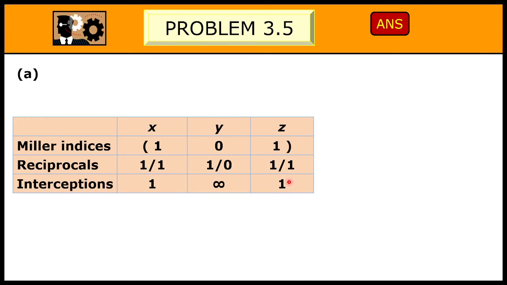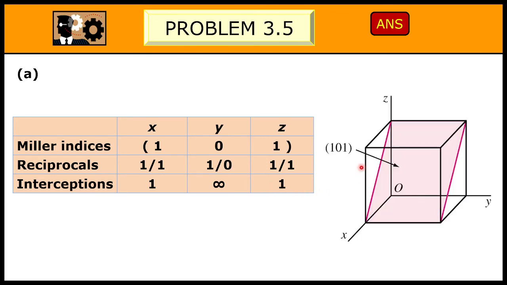It doesn't intercept y at all, or it intercepts at infinity. For the z direction, it intercepts at c equal to 1. Then just draw the plane: intercept at x at point 1, intercept at z at point 1.